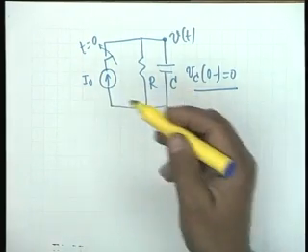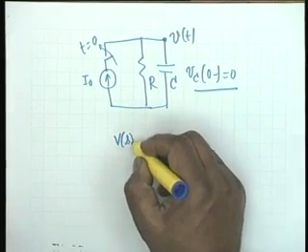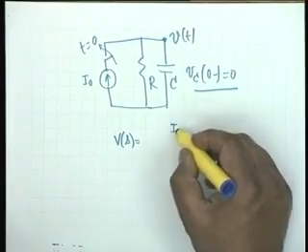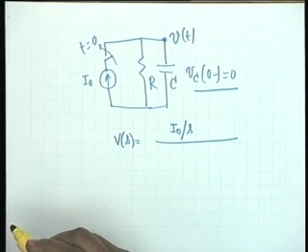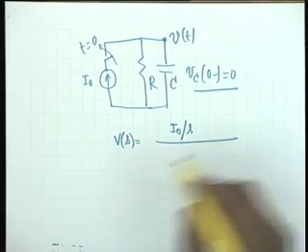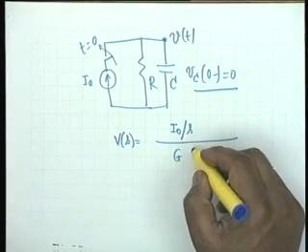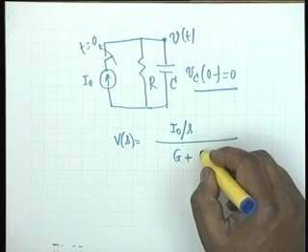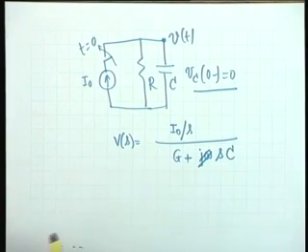So, here to bring variety, once again I can write V of s as equal to the Laplace of the current, which is I0 divided by s, because it is a step of strength I0, multiplied by the impedance, which is 1 divided by the admittance G plus sC, Laplace variable, not j omega, not a phasor.